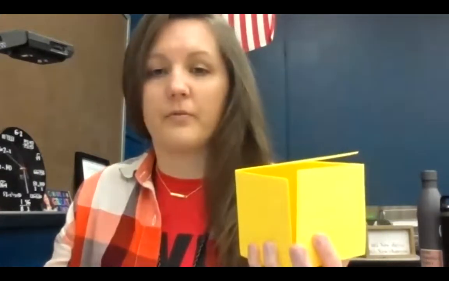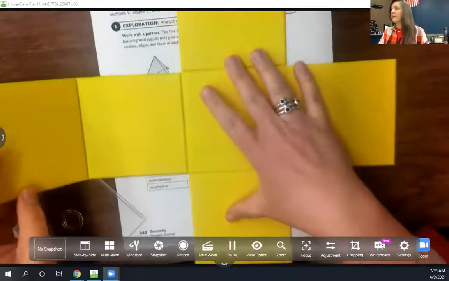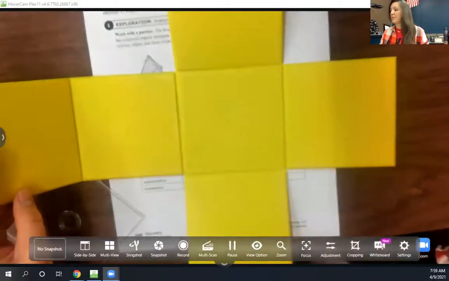So we're going to be talking about surface area and finding the surface area of prisms, really, and we'll talk about prisms in a second. So we're going to move on to our next notes page.